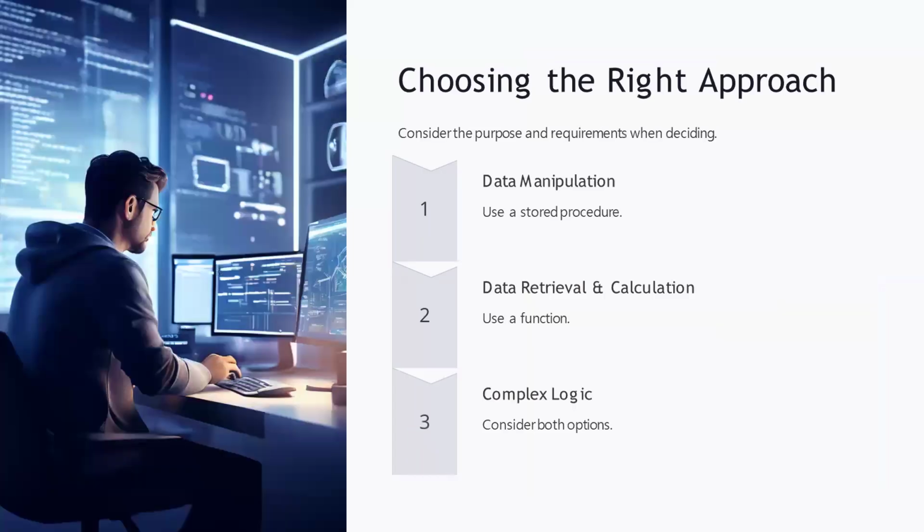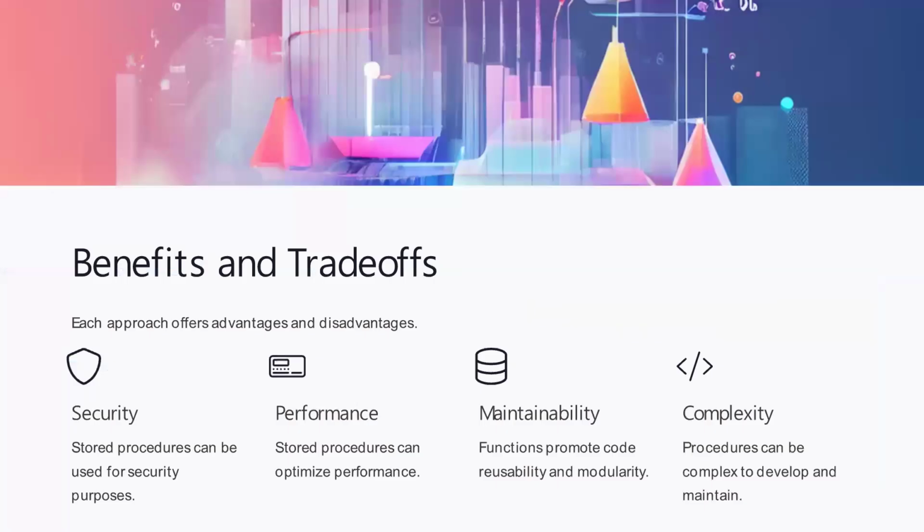Next, when to use which? For data manipulation, we can use a stored procedure. For data retrieval and calculation, we need to use a function. For complex logic, we can consider both. Here we see the benefits and trade-offs. For security, stored procedures can be used.